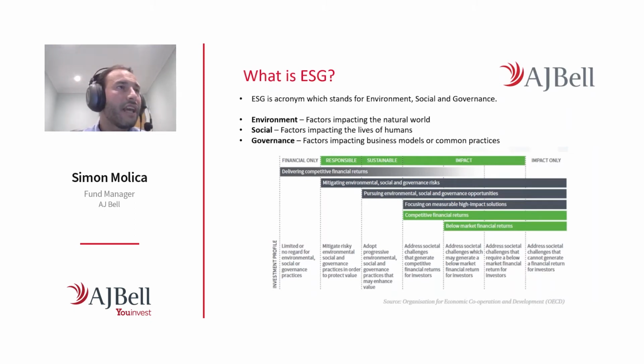And then governance. Governance I find a bit of a funny one, because I feel like any fund manager or anyone who invests in something would always use good governance practices in their investment process. But I think in the context of ESG, that's widened out and developed more recently.